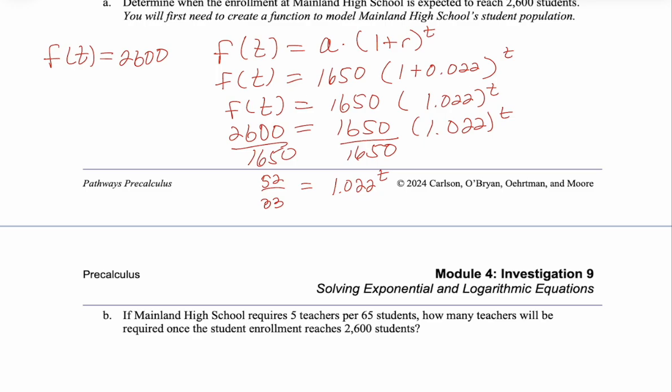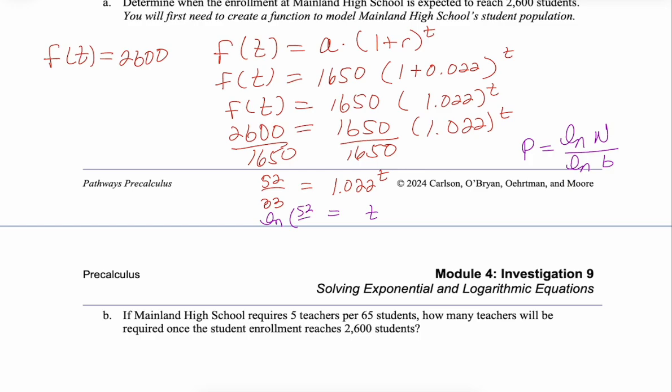Now, I'm going to use natural logs again. I like to do that. But let's think about the formula that I gave you earlier. The power is always going to be the natural log of the number divided by the natural log of the base. So our power of t is always the natural log of the number.